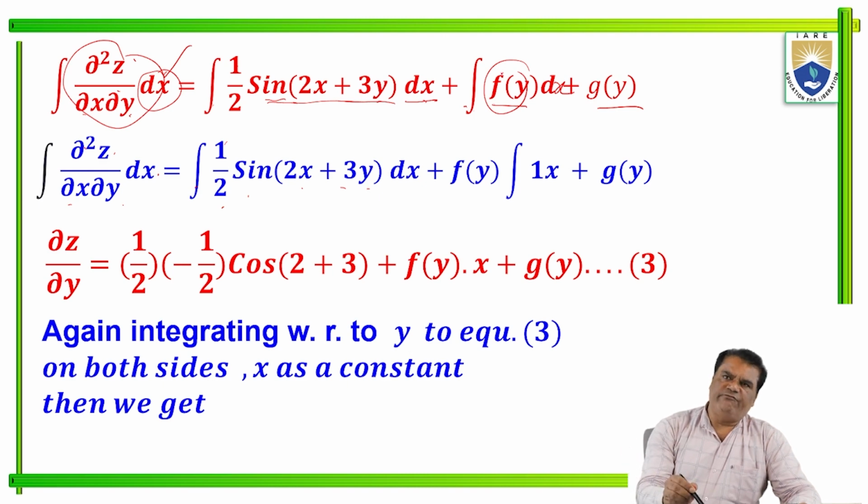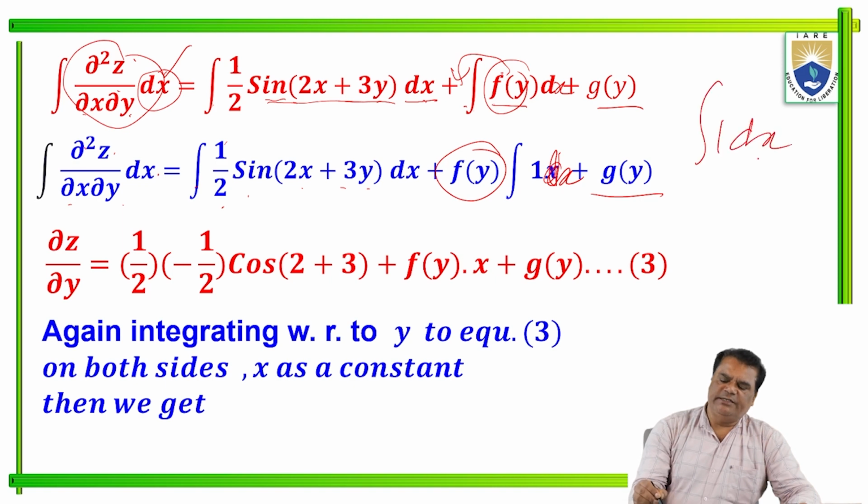So f(y) is a constant function, taken out of the integral. So we write f(y) outside the integral, here is 1 dx, plus g(y). So the integration of 1 dx is x. So I am writing f(y) into x plus g(y).